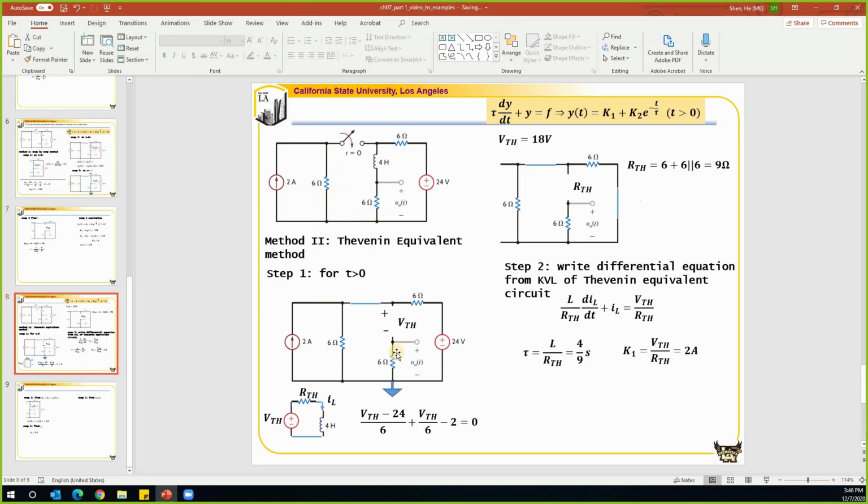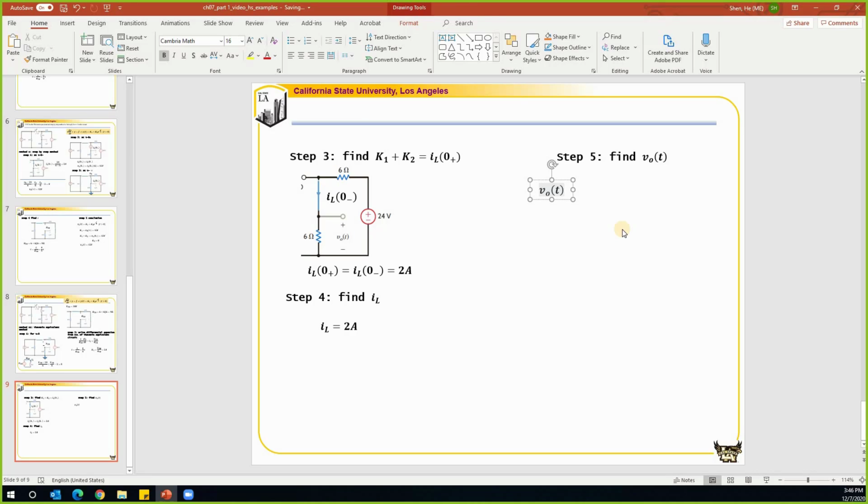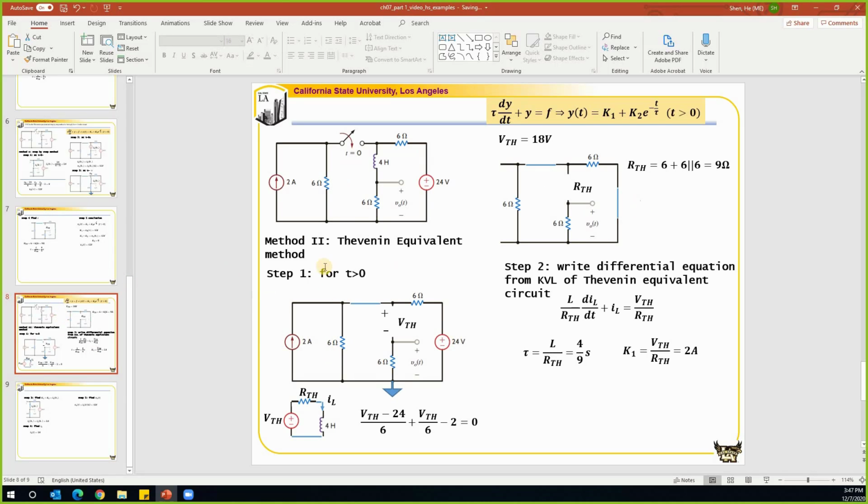Let's see the circuit. For this circuit, we know the current IL going through this branch is equal to 2 mA, and we can find VO by using Ohm's law. It is equal to IL as a function of t times 6 ohms. So IL as a function of t is equal to 2 mA, so that will give us 12 volts. So this is how we use the Thevenin equivalent method to solve this problem.